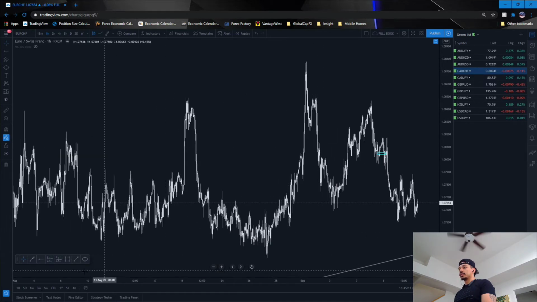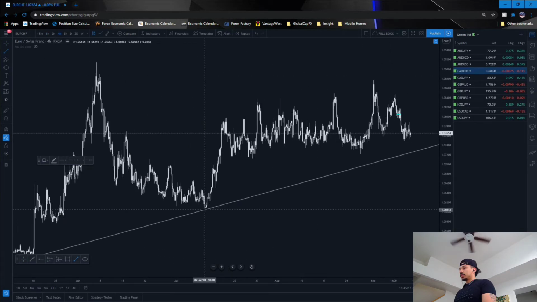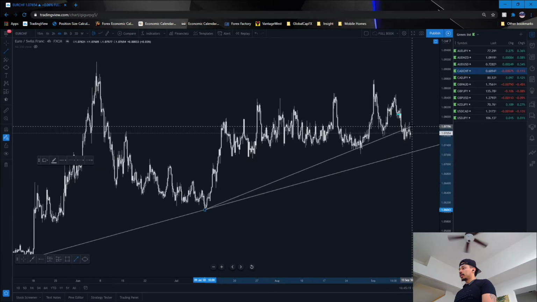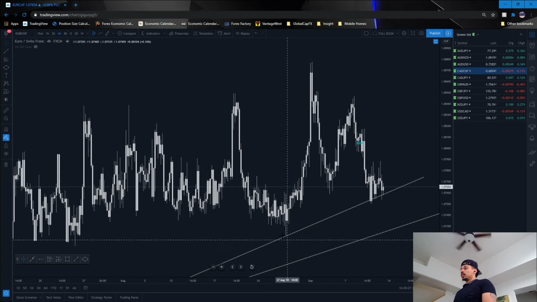What did I see here? Okay, so I'm pretty sure I had this marked up like this. I had this marked up. And then I had this, like so. Boom.